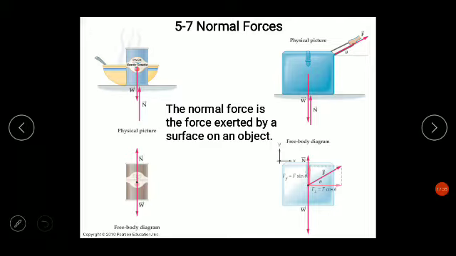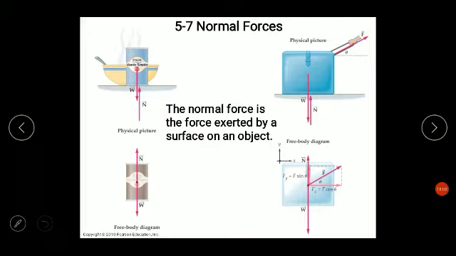Then we have the normal force. When we talk about normal force, these are forces exerted by the surface on the object resting on the surface. In the first figure, these are canned goods resting on the floor, and you notice that there is a weight going downward.